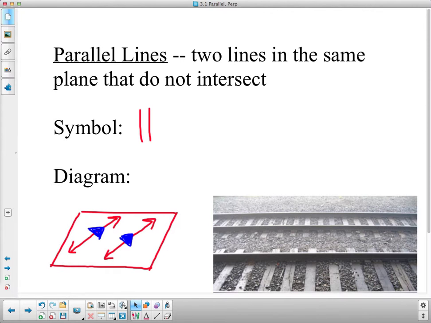Parallel lines are two lines in the same plane that do not intersect. Okay, lines, do they go on forever?